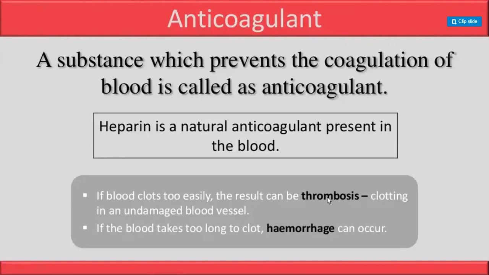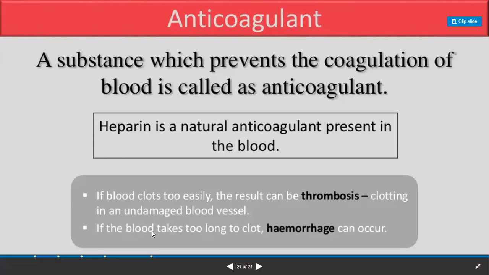Okay. Then, if the blood takes too long to clot, we have hemorrhage. So if the blood takes too long to clot, there will be hemorrhage. So what it means is that when I have thrombocytosis, I will have thrombosis.